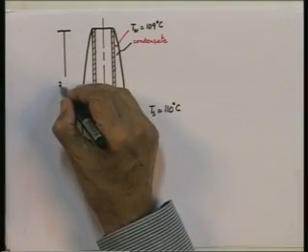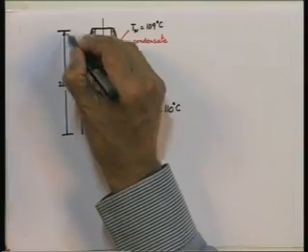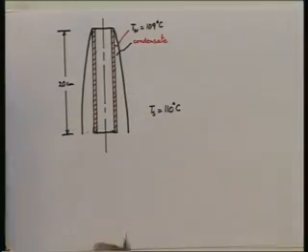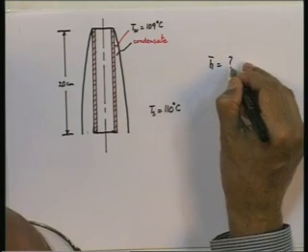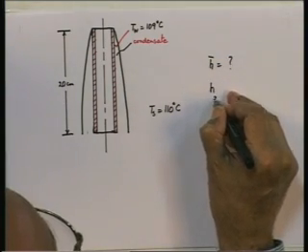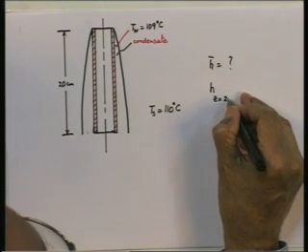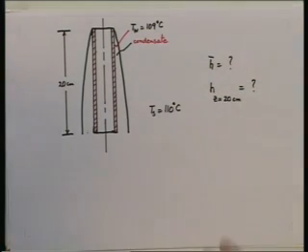Now, we would like to calculate H bar and H at Z is equal to 20 centimeters. This is what we have to do.